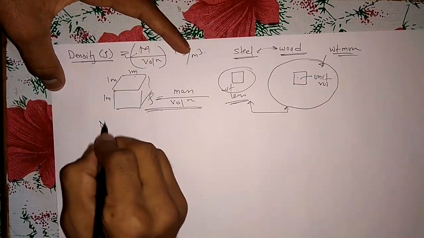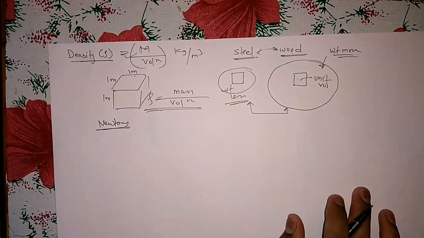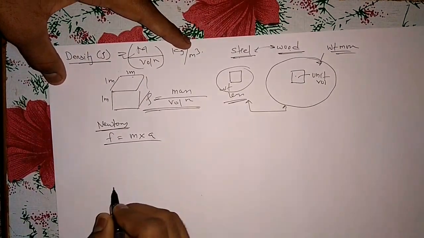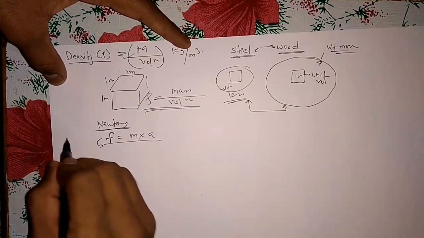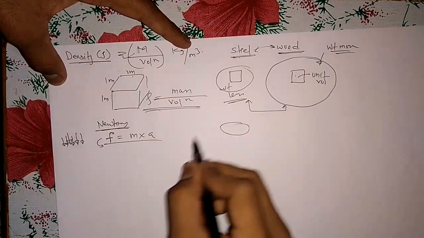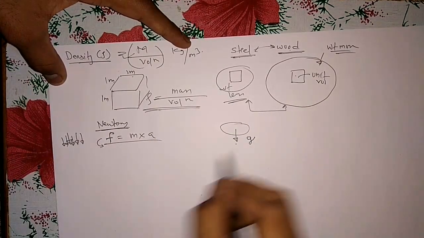Next we have Newton's second law. I would not define rate of change of momentum etc. I would just go with what is important: mass into acceleration. For earth, whenever any downward force is acting on a body with some mass, its mass acts in the downward direction due to acceleration due to gravity.